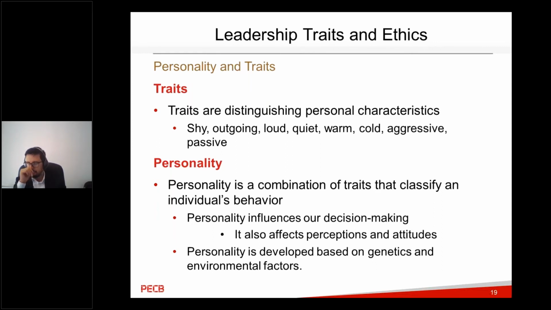Again, you might see, as in the previous cases as well, we will be talking about topics that are similar to what we discussed last week, but we are expanding on them from the leadership perspective. So when we're talking about traits, we're talking about elements that are distinguishing characteristics of people.